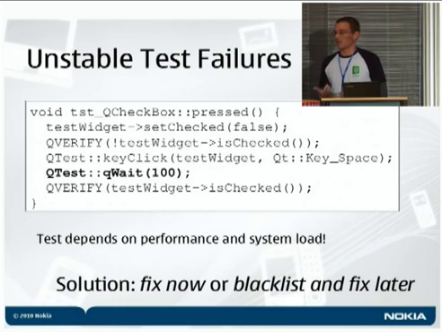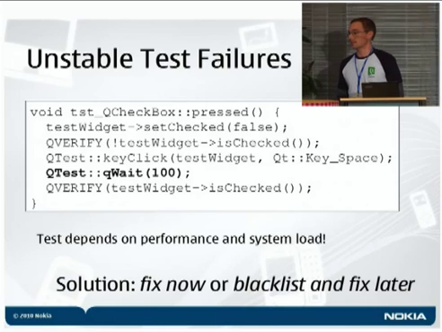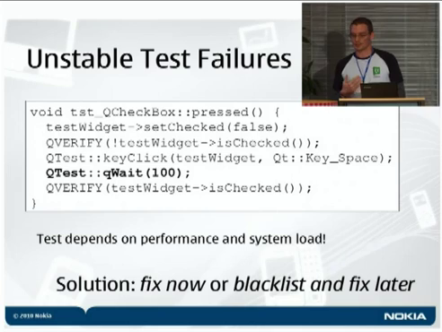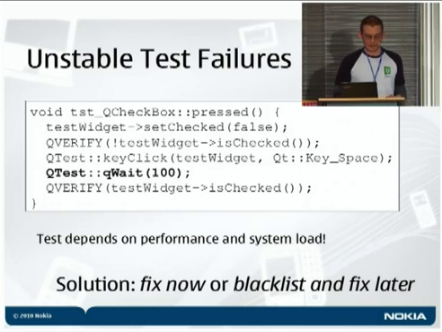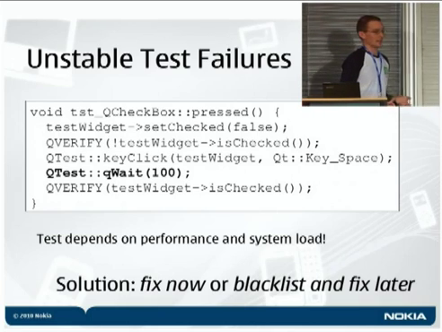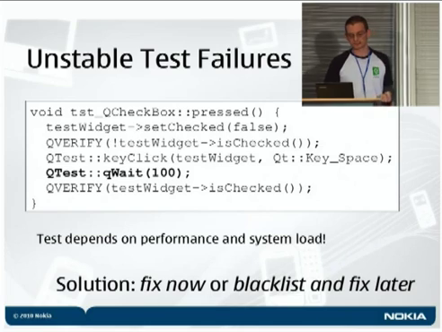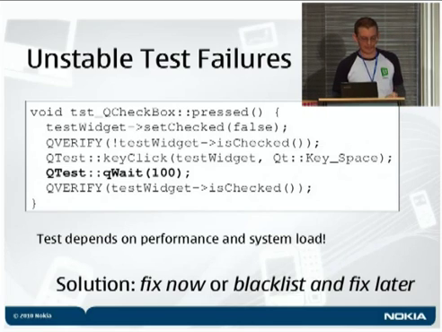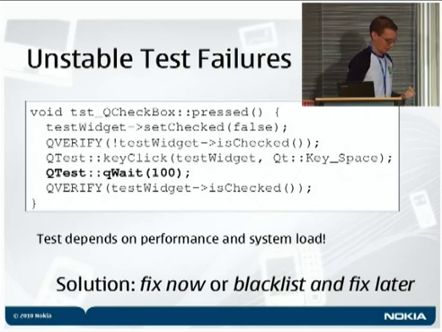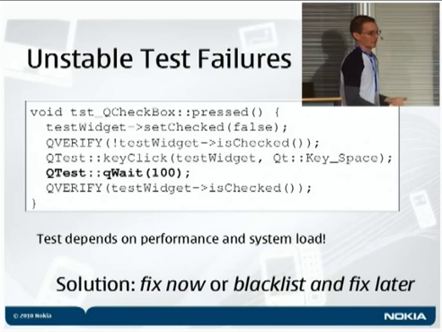Okay? So the timing characteristics on the machine of the person writing the test may be very different from the timing characteristics on the machines running the tests. So unfortunately, it's pretty common that people write tests that sometimes pass and sometimes fail with no changes to the code under test. Ideally, the solution here would also be to find it and fix it as soon as it happens.